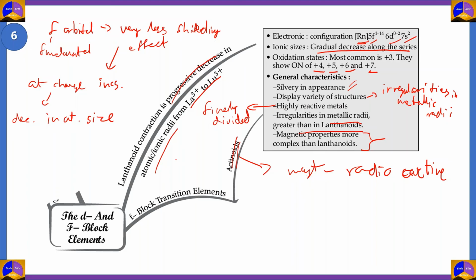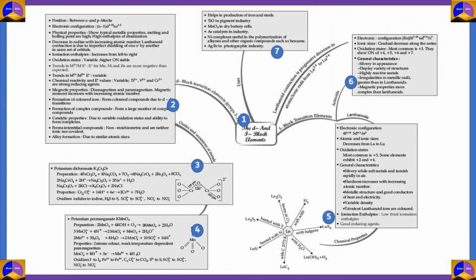So these are some general characteristics about lanthanoids, actinoids, the d block transition elements, and also some oxides and oxoanions of the d block elements. Now, we said that d block elements and f block elements have really good uses, so they're used frequently.